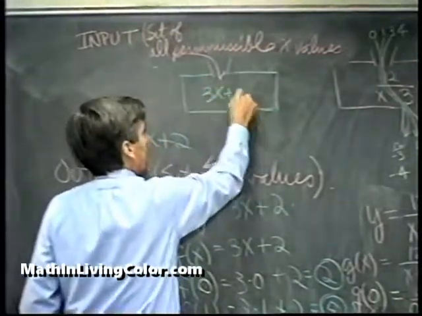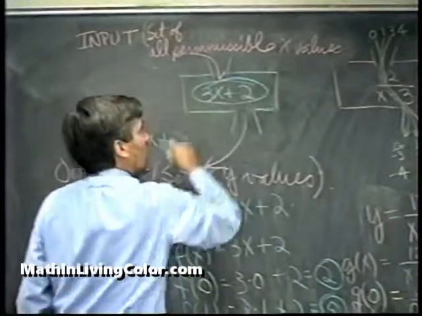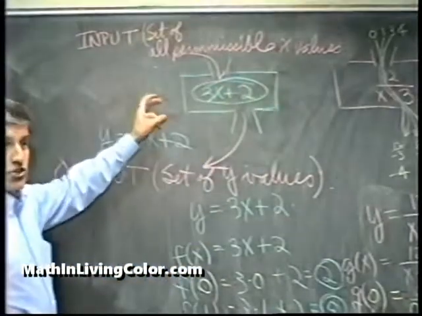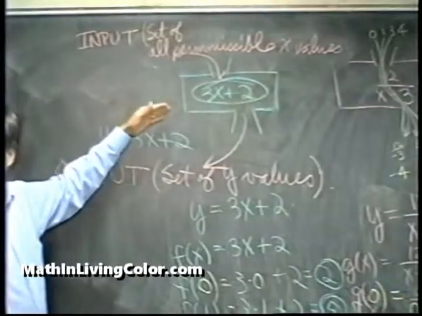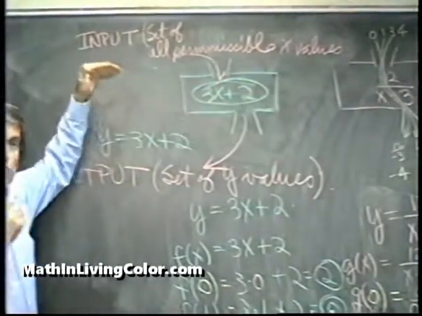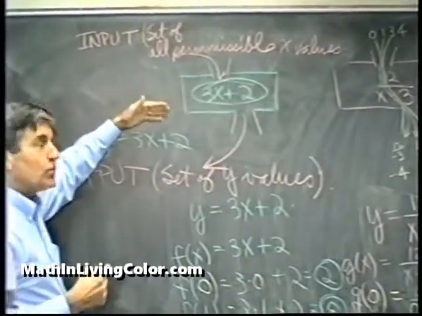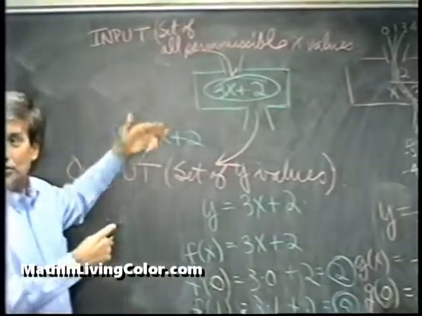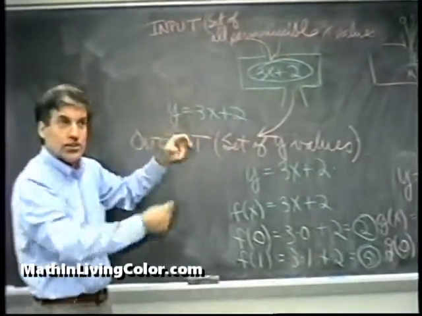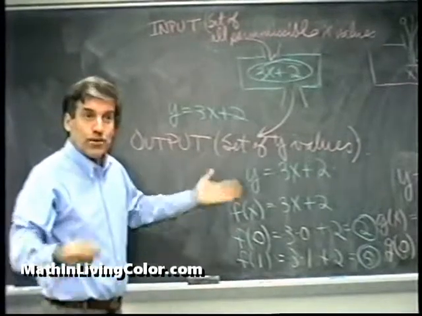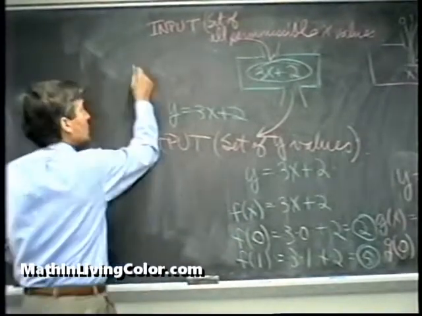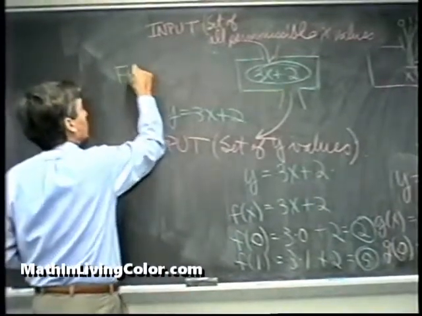Let's say it was 3x plus 2. And that 3x plus 2 is called the function. So what is a function? A function is like a rule that allows you to take x values and do a calculation on the x values and obtain the y values. It's like a formula, all right? So that's what we mean by a function.